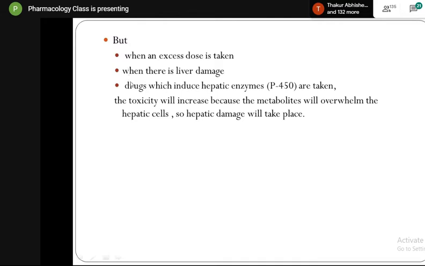And also when we use drugs which induce the hepatic enzymes. More induction of the hepatic enzymes means faster metabolism. Faster metabolism means more excretion.